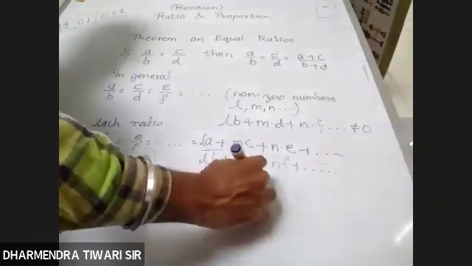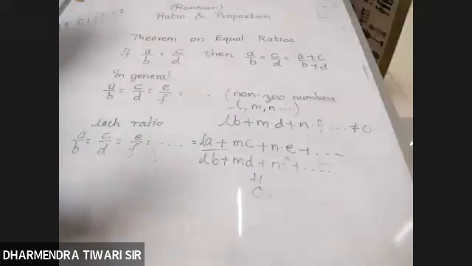As this is non-zero, it can be in the denominator, no issues.